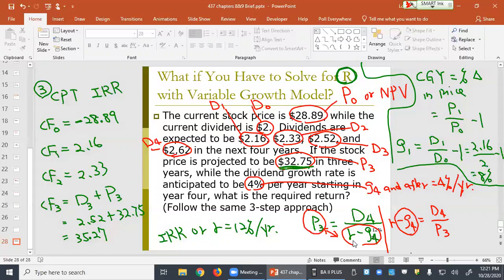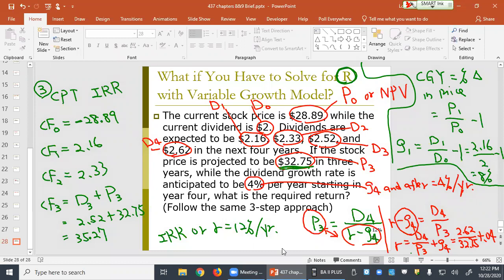So I add G4 to both sides. I now have R equals D4 divided by P3 plus G4. So what is my D4? My D4 is $2.62, so 2.62 divided by P3, which is $32.75, plus my G4, which is 4%.